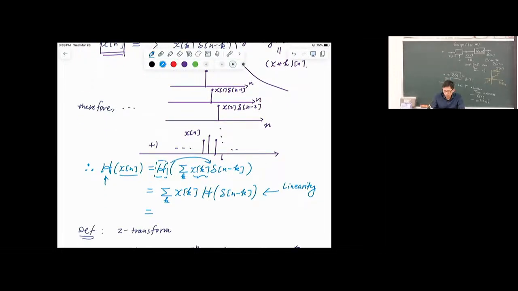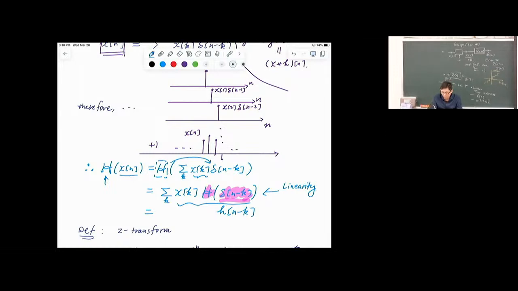And how about the other property, time invariance? That property has not been applied yet. Now when we look at this intermediate outcome, on the right we have the system processing delta, the response to delta, which we know is h, but shifted by k samples.